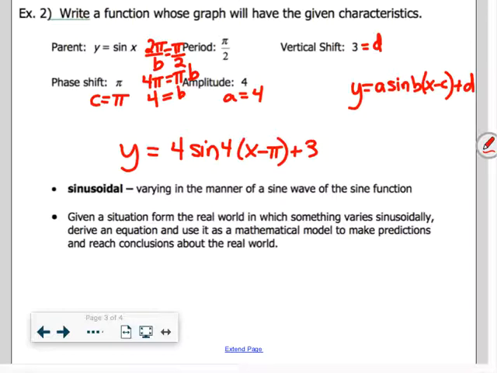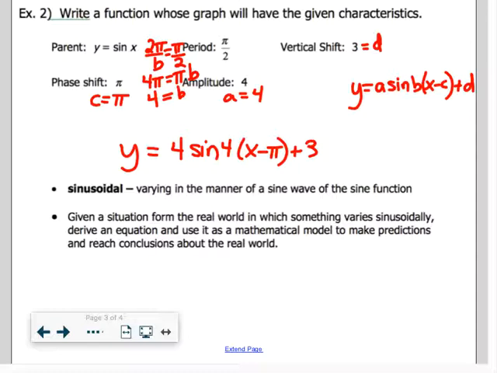All right, so given a situation, and that's a typo, from the real world, in which something varies sinusoidally, derive an equation and use it as a mathematical model to make predictions and reach conclusions about the real world. So if you've ever seen in the Columbus Dispatch, usually on January 2nd, on the back of the metro section where they keep the weather, they plot the entire 365 days of weather, and it's a sine curve.